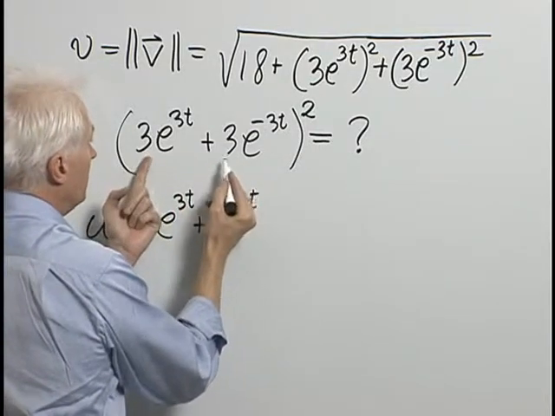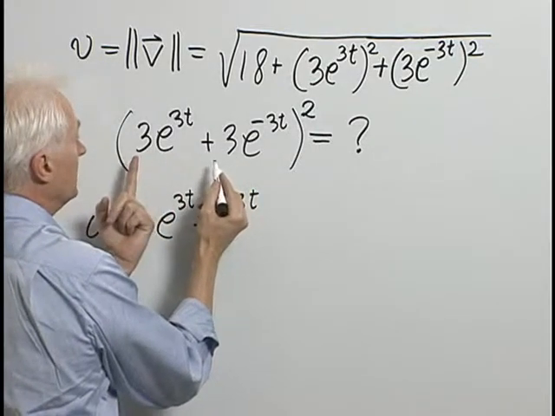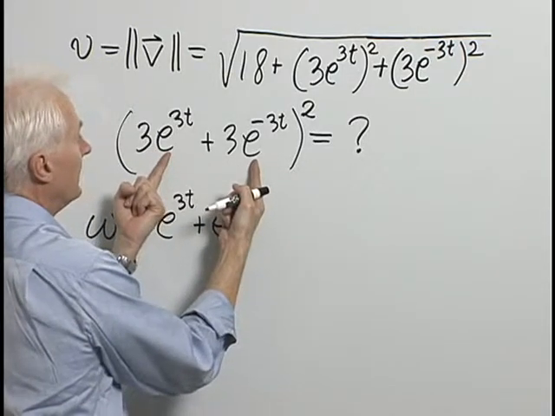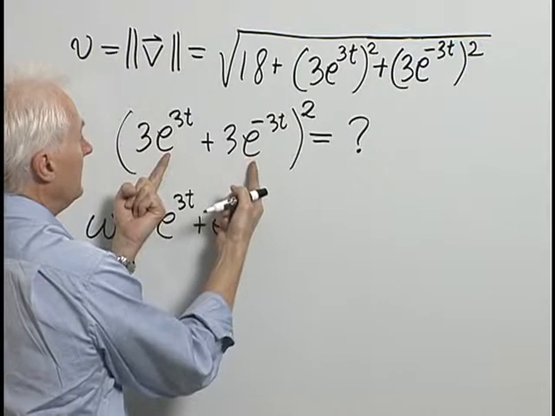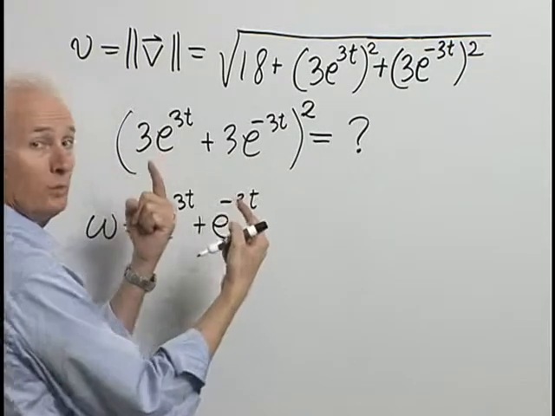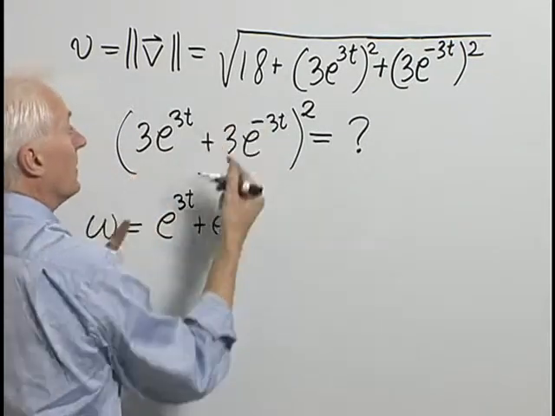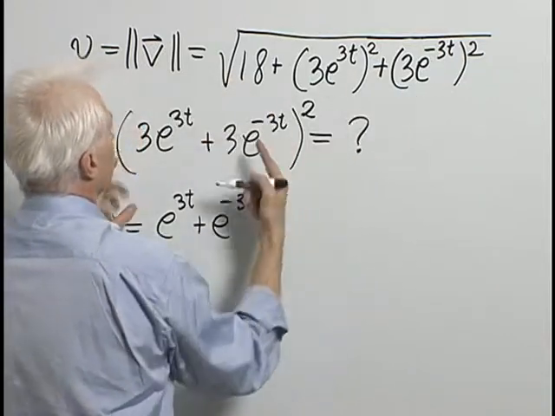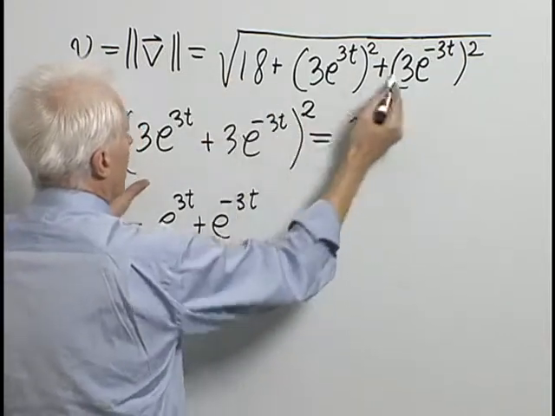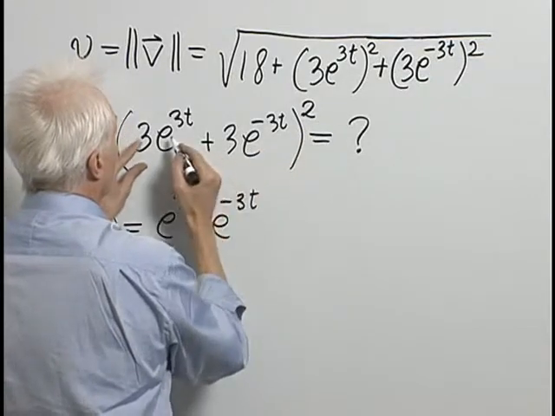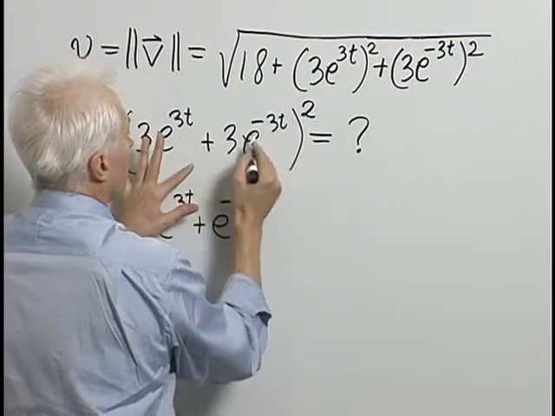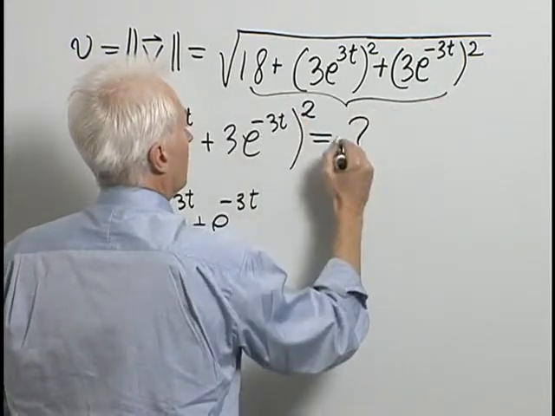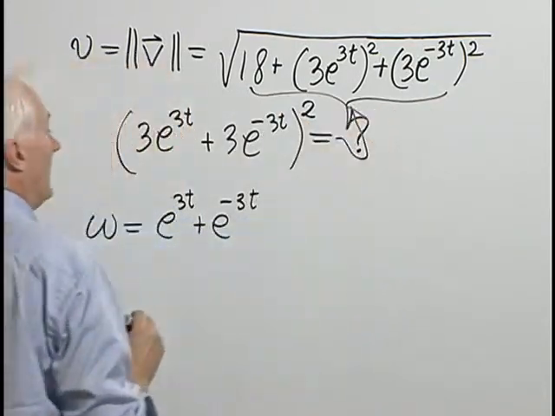What's the product? 3 times 3 is 9, times 2 is 18, times e to the 3t times e to the negative 3t. Notice e to the 3t times e to the negative 3t is just 1. And so there's the cross term. In effect, what I have here inside the radical is the square of 3e to the 3t plus 3e to the negative 3t. And so in fact, what we get is just what's inside the radical.